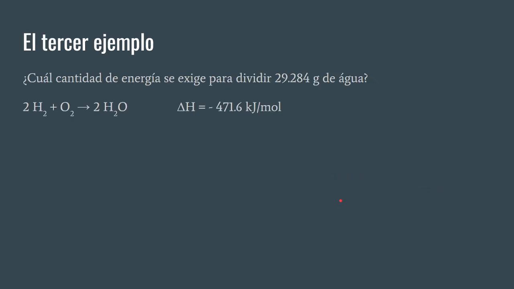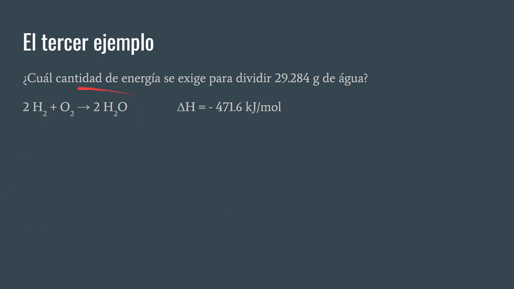Another example. How much energy is needed to split 29.284 grams of water? Here we have an enthalpy of reaction. Going from 2 hydrogen plus 1 oxygen yields 2 molecules of water. Enthalpy is negative 471.6 kilojoules per mole. All right. Note again, I am being a little bit tricky.